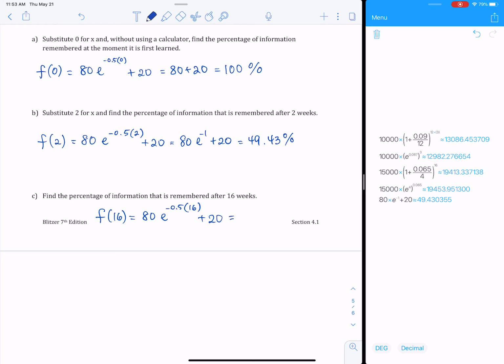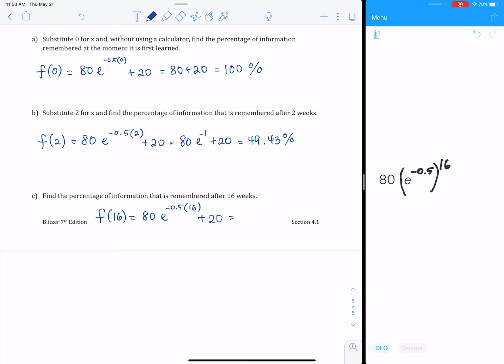Okay, let's start over. 80 times e powered by negative 0.5 powered by 16 plus 20.